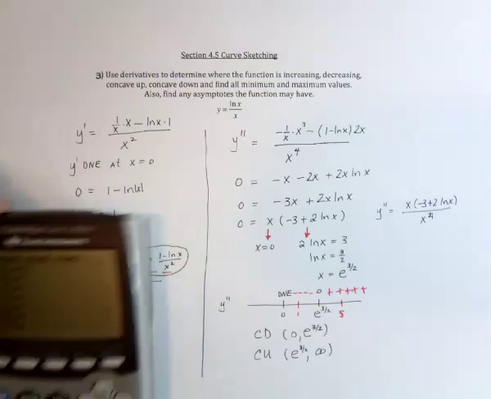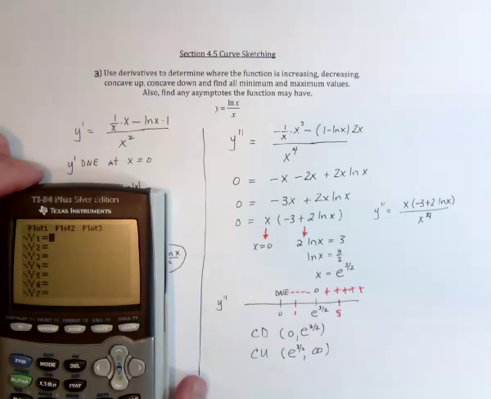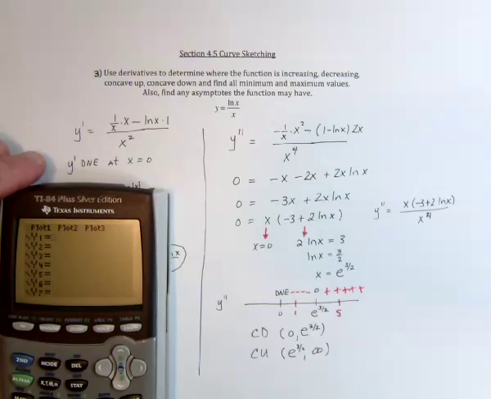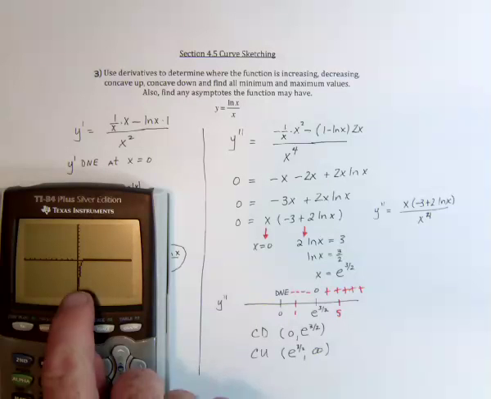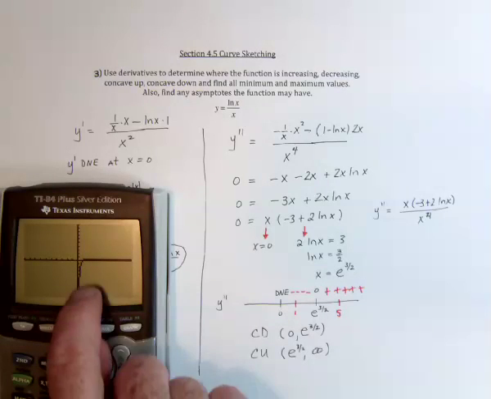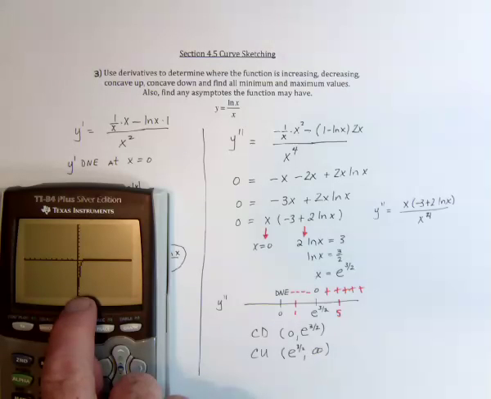And double check. So it's natural log of x divided by x. So the function has an asymptote. It was down here at negative infinity.